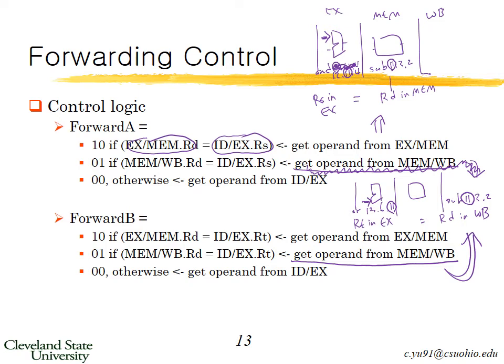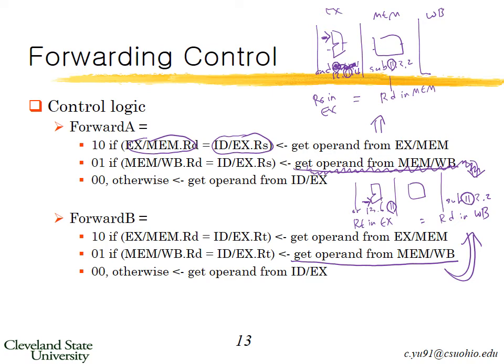Now we look at the conditional part. The condition in forward A 10 is if EX/MEM.RD is equal to ID/EX.RS. Looking at the small graph at the top right corner, let us assume the execution stage is executing AND instruction 12, 11, 4, and the memory stage is executing subtract instruction 11, 3, 2.